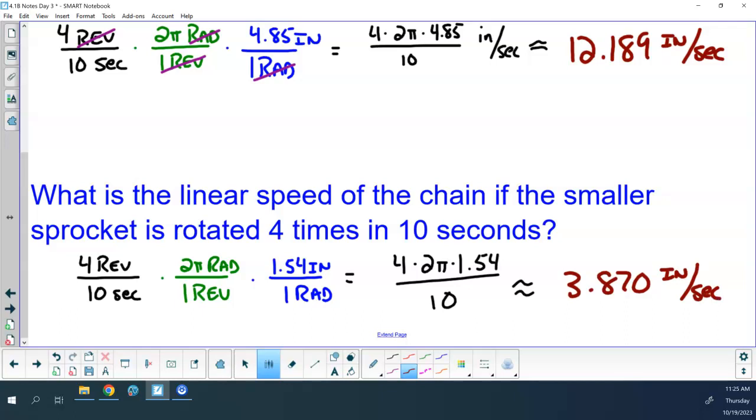Yes? Okay. So if the bigger sprocket spins more, I should say, right? Or if they're spinning at the same rotation, the smaller one is going at a slower speed. Okay? If we're comparing rotations in seconds. All right?